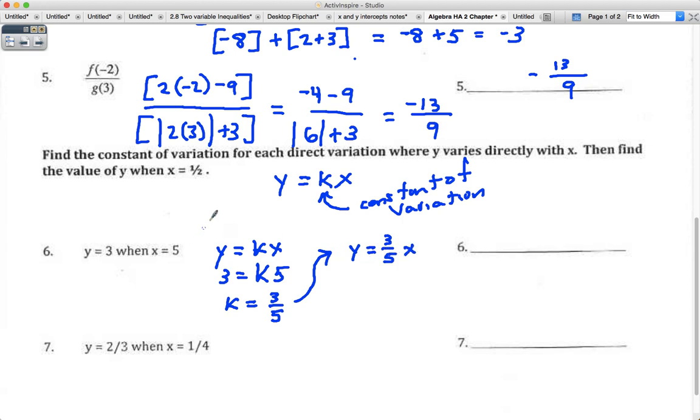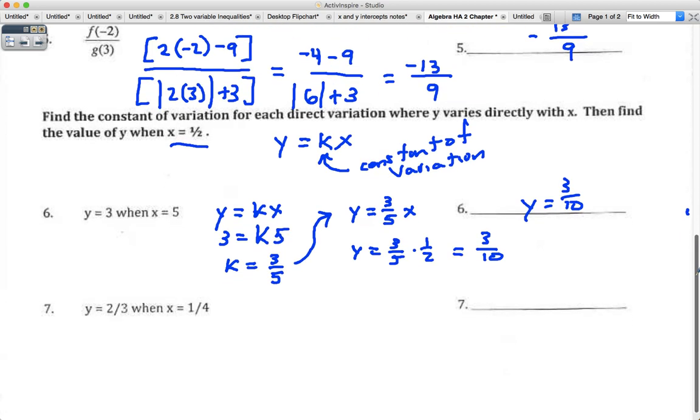I'm given x equals 1/2, so I'm going to use that to find y. Y equals 3 over 5 times 1/2, which equals 3 over 10. So y equals 3 over 10 when x is 1/2.